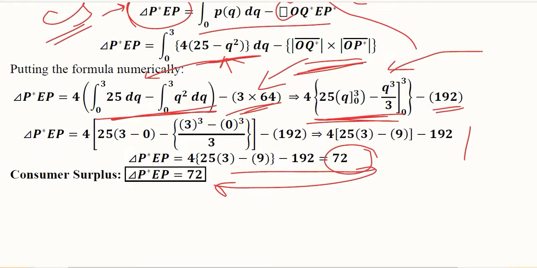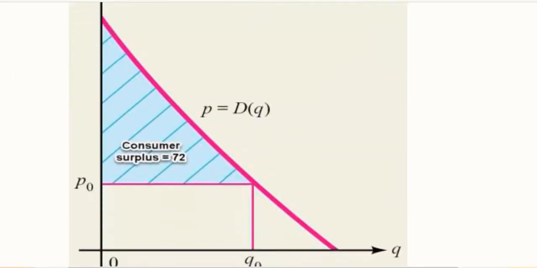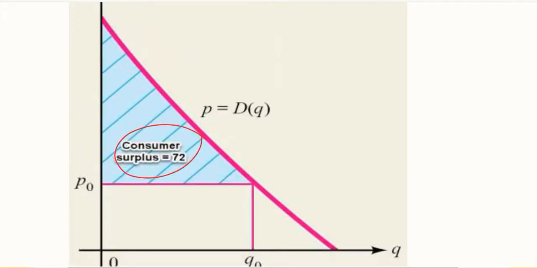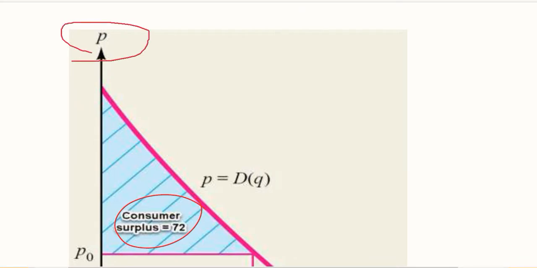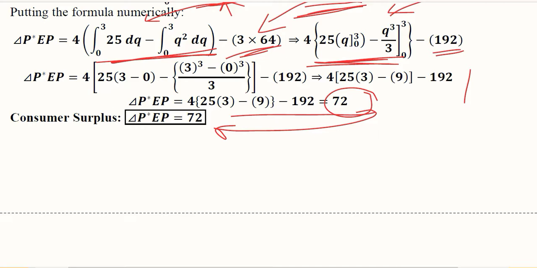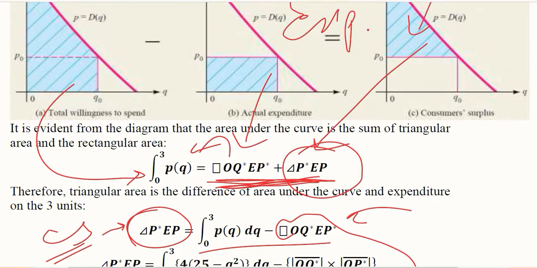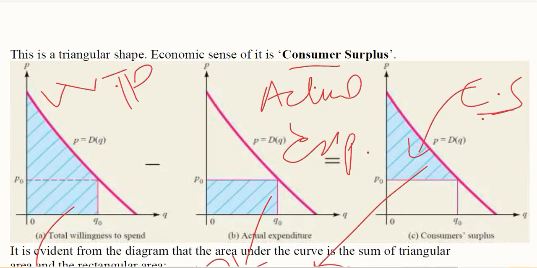Now this is labeled in this diagram that we have been using. We can see it is equal to 72 units depending upon the units of price that we have. So this is how we can develop the formula of the consumer surplus. This is how we can understand the numerical application of it, and the diagrammatical depiction of the consumer surplus, actual expenditure, and the willingness to pay.